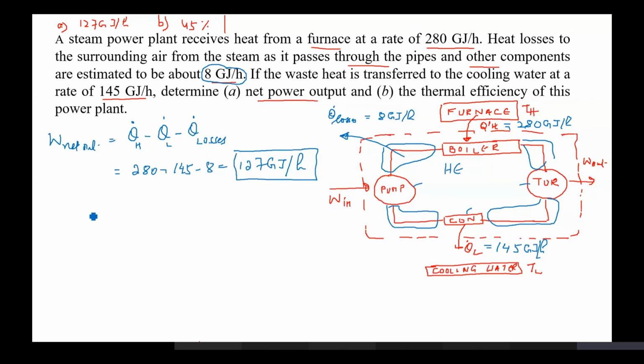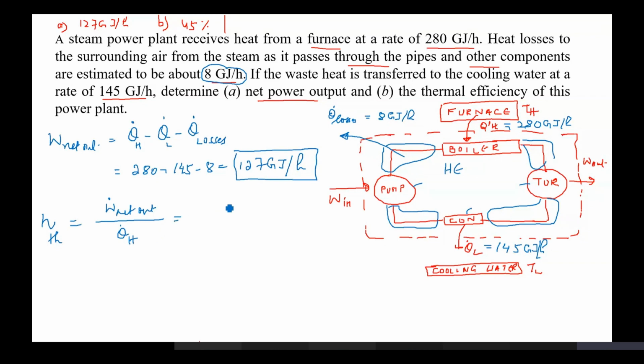The second part is you have to determine the thermal efficiency of this power plant. If you remember the formula for thermal efficiency of a power plant, it is nothing but the net power output, work net out, divided by Q dot H, what is coming into the system.